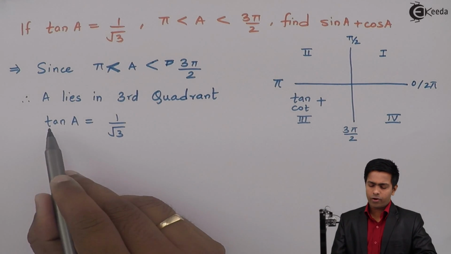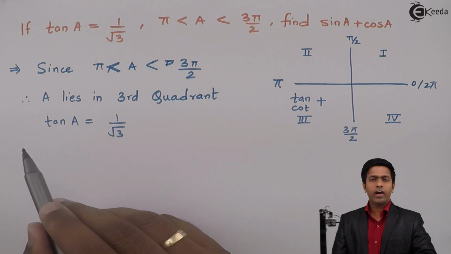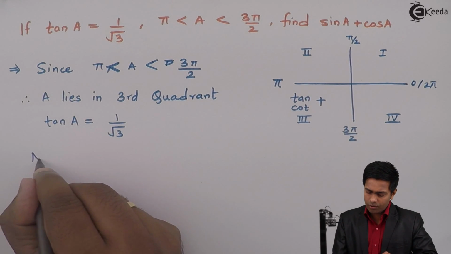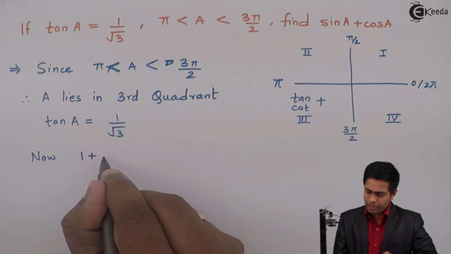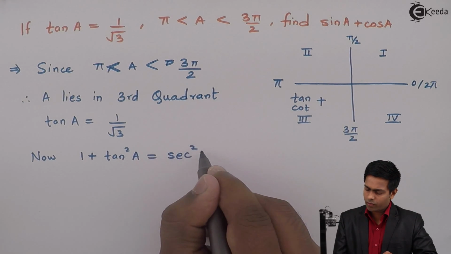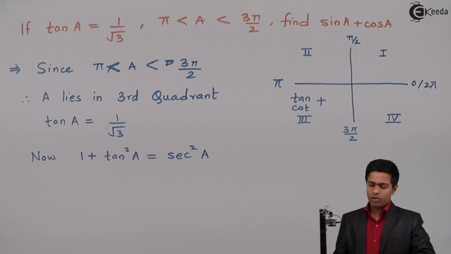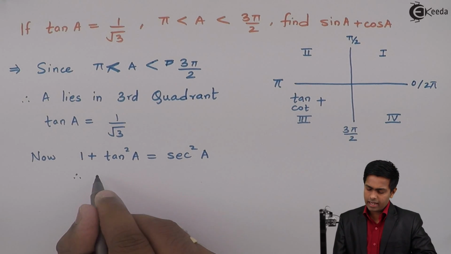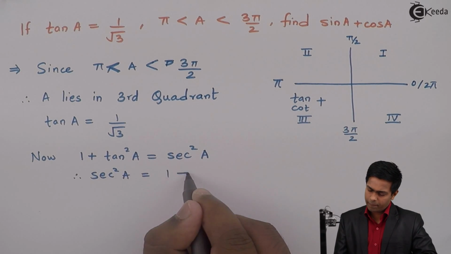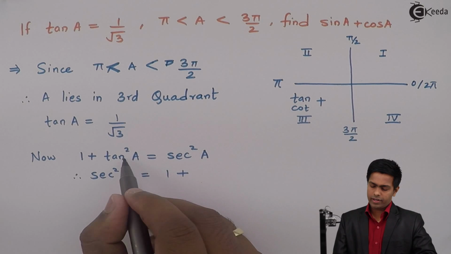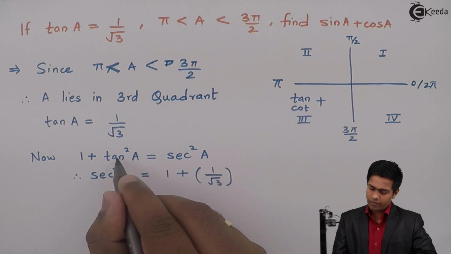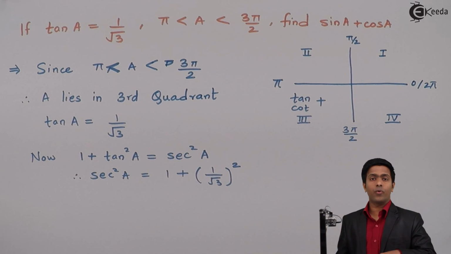So how we'll do it? From tan, I can find out the value of sec. So for that I'll use the identity. So I'll say now 1 plus tan square A is equal to sec square A. So therefore I can say that sec square A is equal to 1 plus tan square A, where the value of tan A is 1 upon root 3 and we have tan square, hence I will do the square.